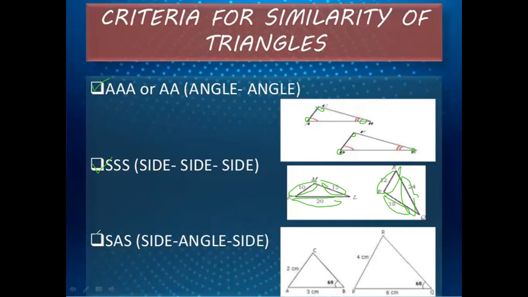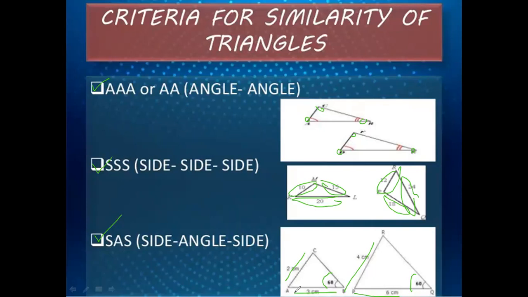The third criteria is side, angle, side. This means that if two sides, for example this one, and the angle is also equal to the other angle of that triangle, and their sides are proportional to each other, then it is also a similar triangle.